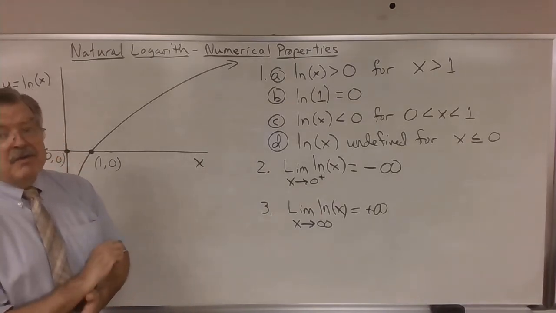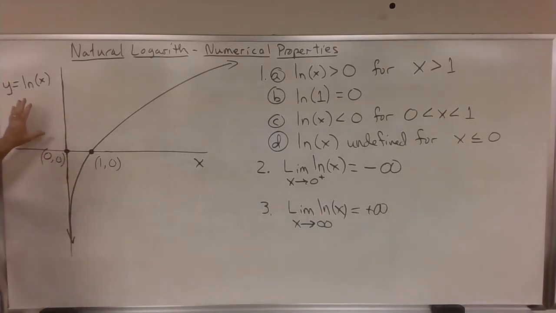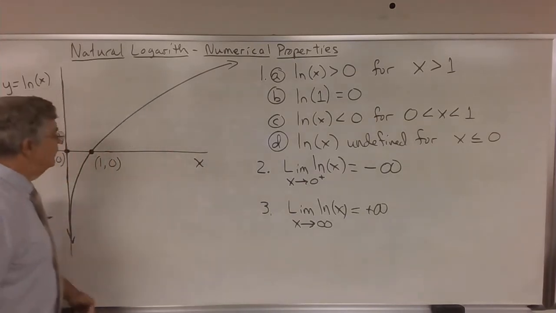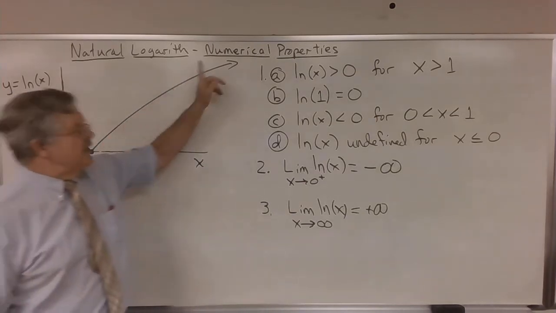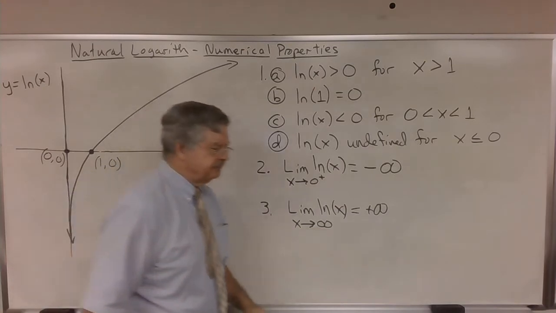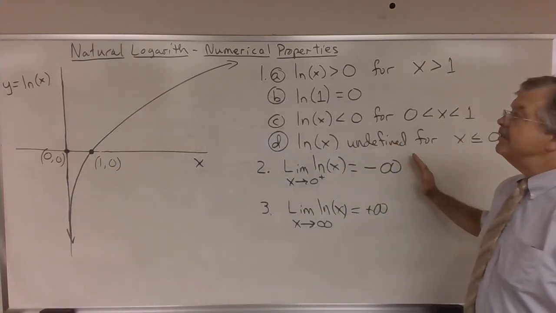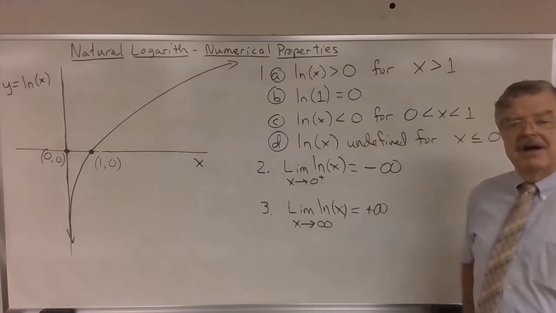Now that we know that, as long as we know what the graph of natural log of x looks like, we'll know what this limit is. We'll say, oh, as x goes to positive infinity, oh yeah, positive infinity. So these are the numeric properties of the natural logarithm.